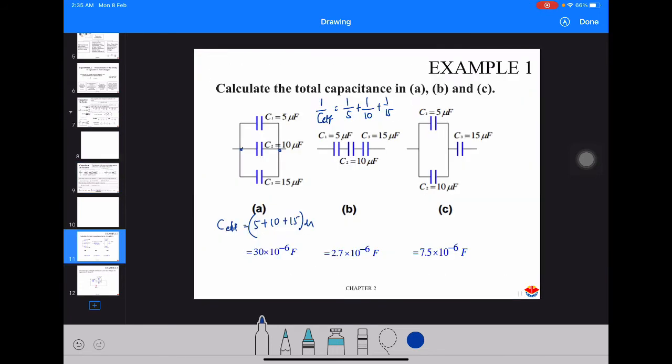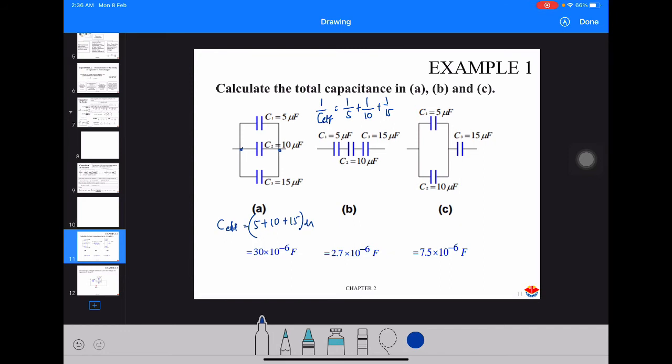So now if you add, this one becomes 3. You have to press the calculator. I'm going to press the calculator. And then don't forget to do 1 over C effective so that you can get C effective. So the answer would be 2.7 times 10 to the negative 6.